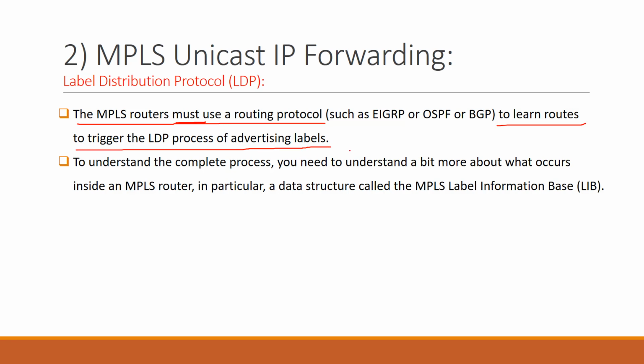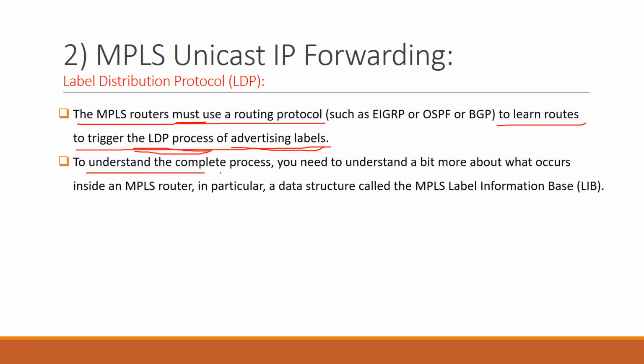How this works, all of us know the IGP, EIGRP, OSPF, etc. It learns routes, chooses the best of them, and prevents loops of learned updates. So MPLS routers must use a routing protocol to learn routes to trigger the LDP process of advertising labels.